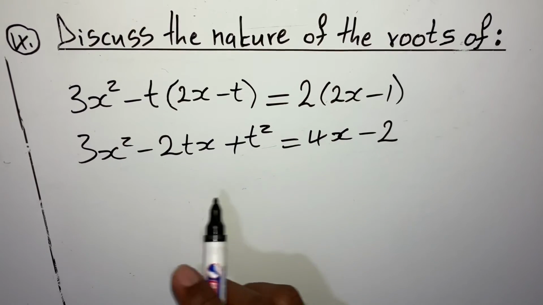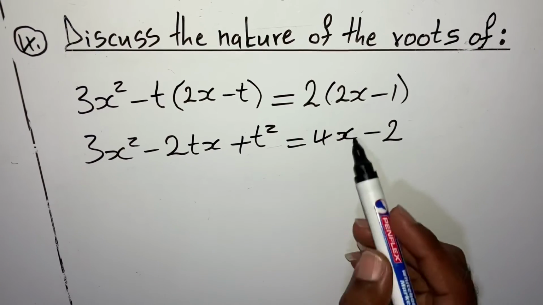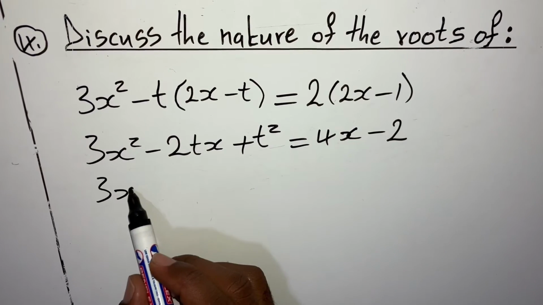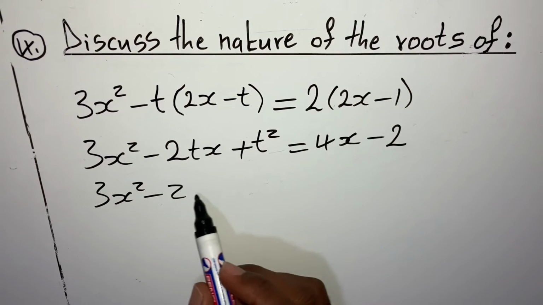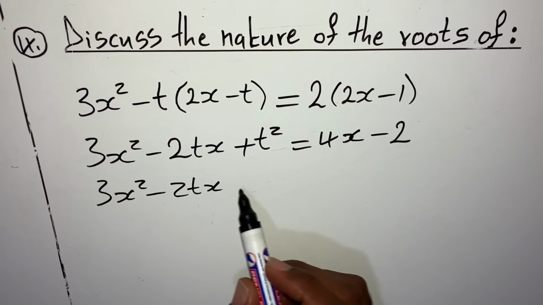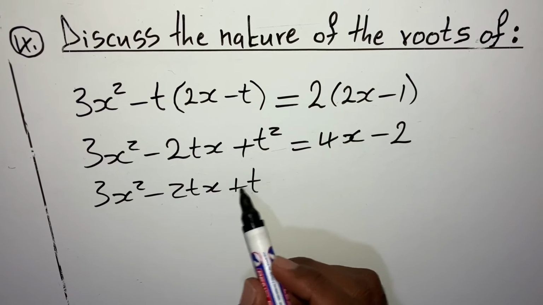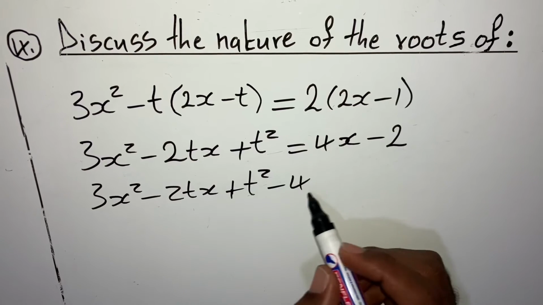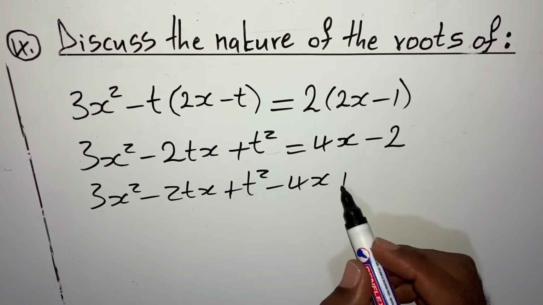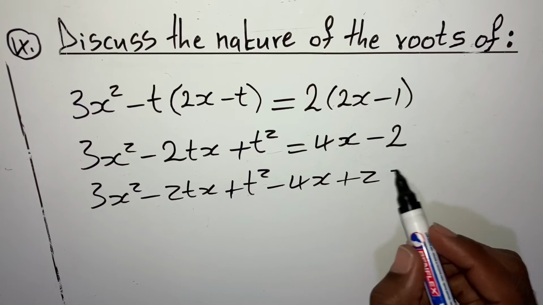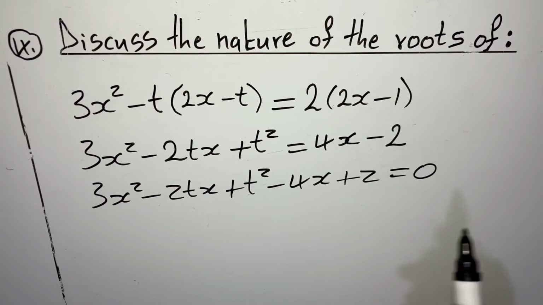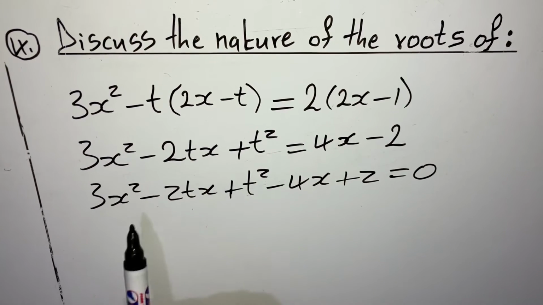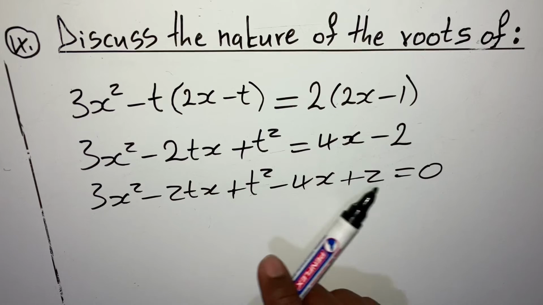So from here, we'll take these to the other side. So 3x squared minus 2tx plus t squared minus 4x plus 2 equals 0. Now we check for the like terms if we have, but there are no like terms.